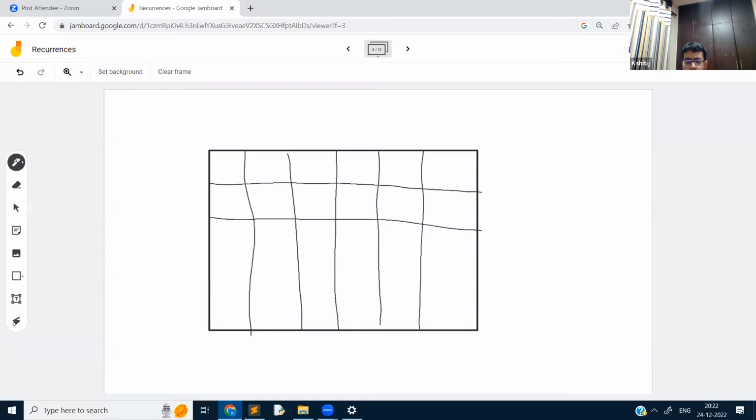One are good cells and the second type is bad cells. So for example, I'm shading this cell. You can't visit this cell. So these four are bad cells.